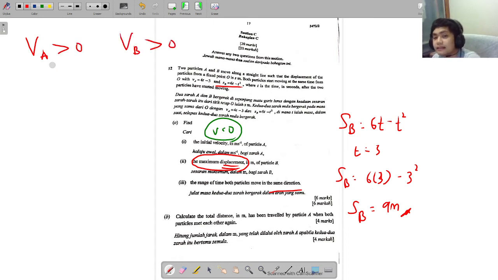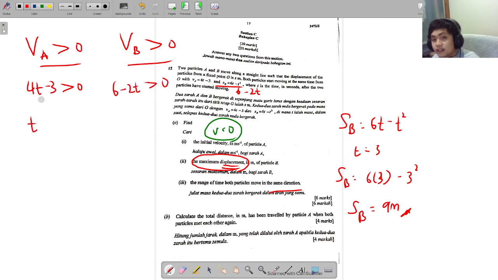So I will take when VA is greater than 0 and when VB is greater than 0, right? We need to know when these two velocities have the same sign, because then we know that they are traveling in the same direction. So we have 4t minus 3 is greater than 0, and earlier on we have a formula for the velocity of B, which is 6 minus 2t. So 6 minus 2t is also greater than 0.